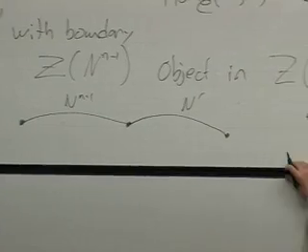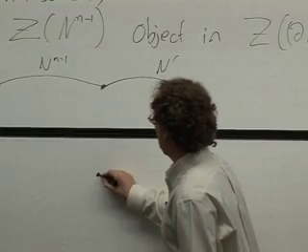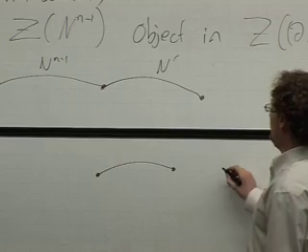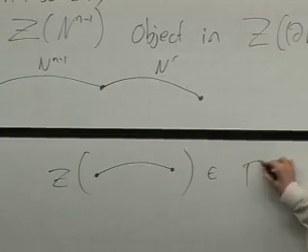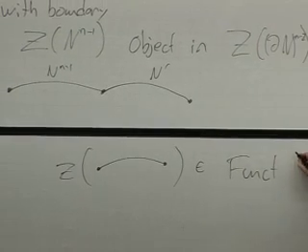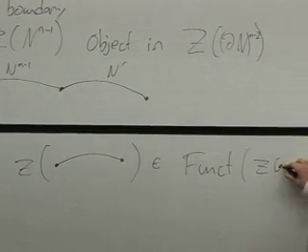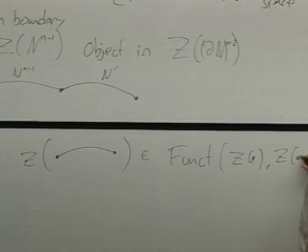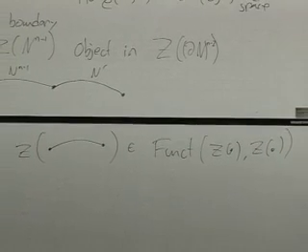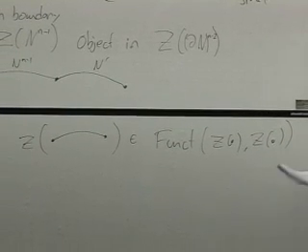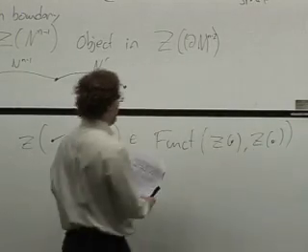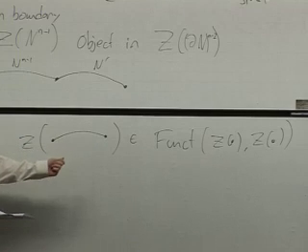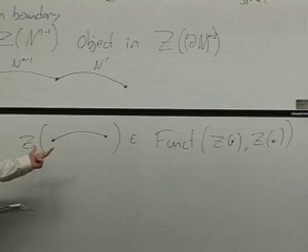So maybe I should just say first, what do you get to such a picture? Z of such a picture will now be a functor from Z of the point to Z of the point. So this, in fact, comes from the kind of arguments that we've been using all week, that functors between two categories are given by something assigned to the square.